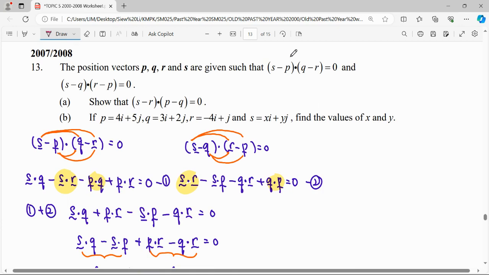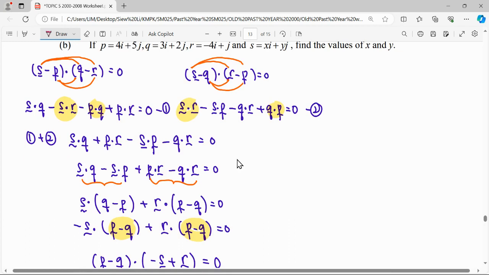For the first equation, we have (S minus P) dot (Q minus R) equals 0.